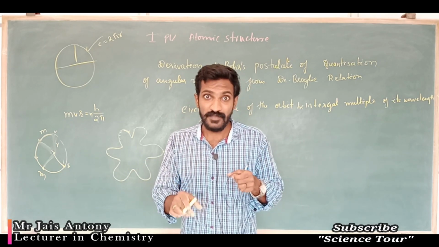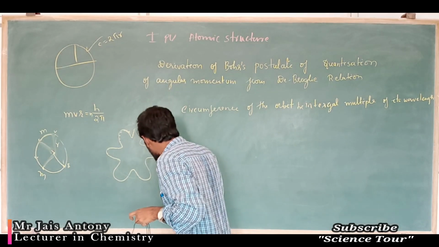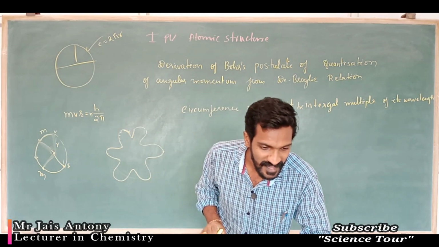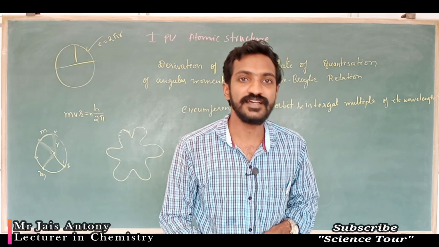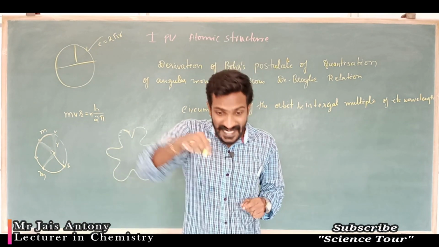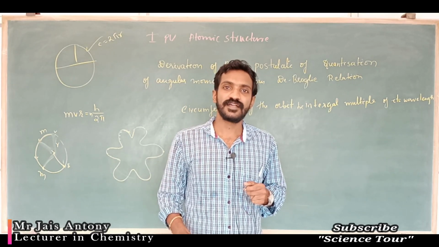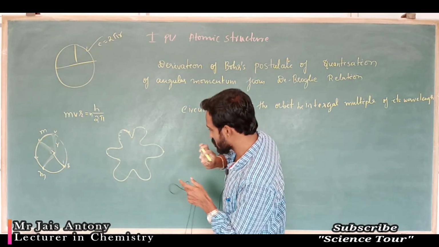But at the same time, if you are observing using a microscope at this point, if that electron is coming to that point, the movement is stopped. At that point you find the electron in the form of a particle. So you are keeping one microscope here.